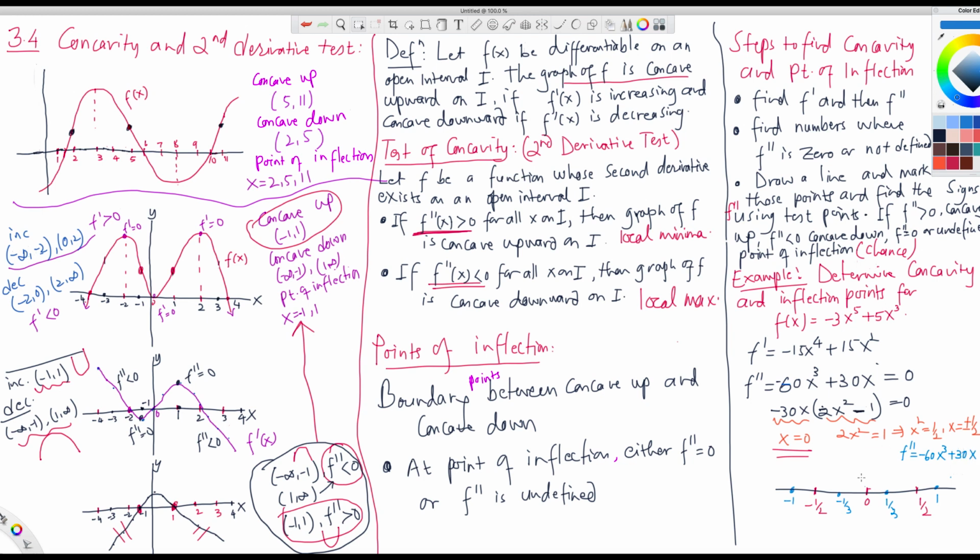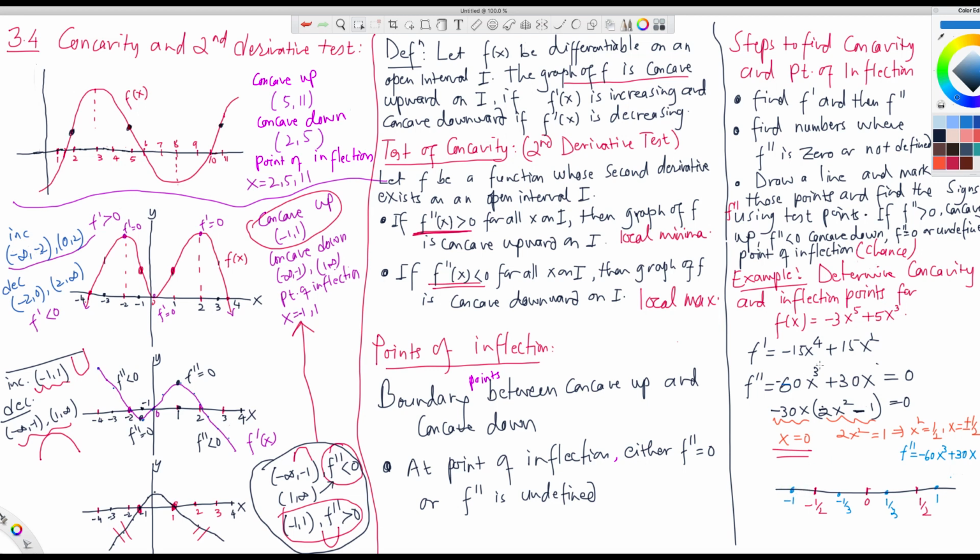I want to know the sign at each of those test points, and I'll mark the sign there. I want to know whether it is concave up or concave down at these points. So the first thing I want to do is look at this section.